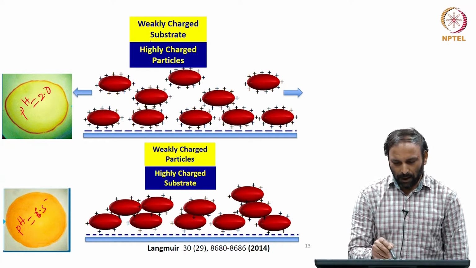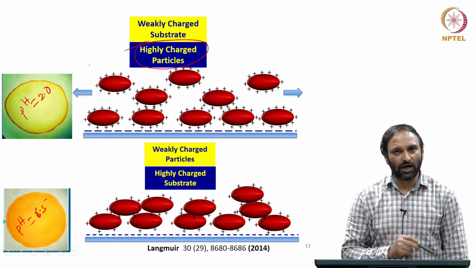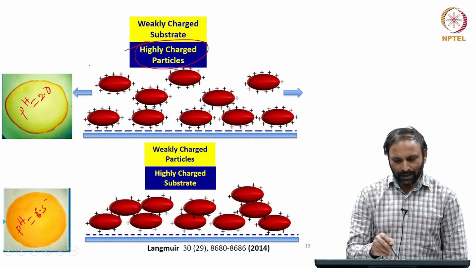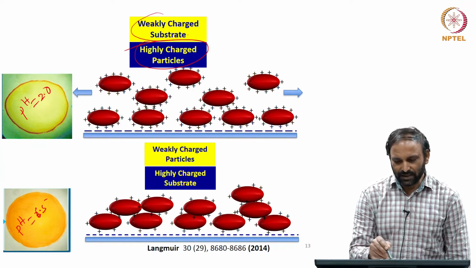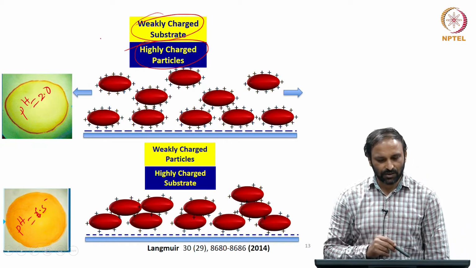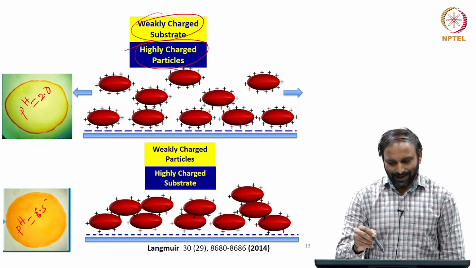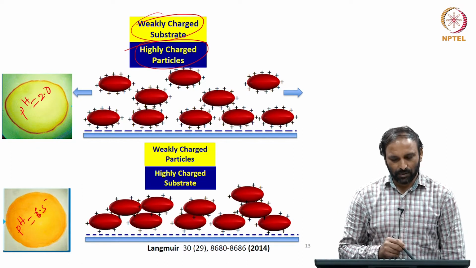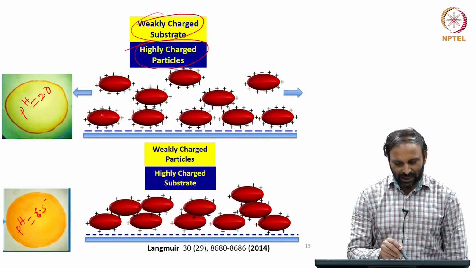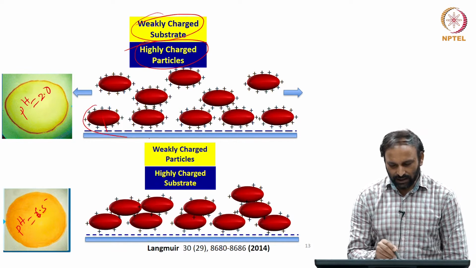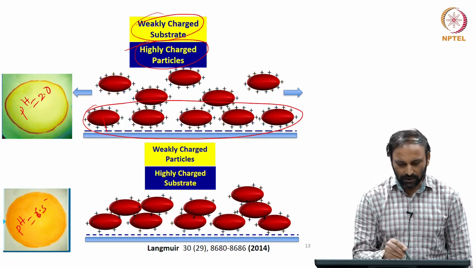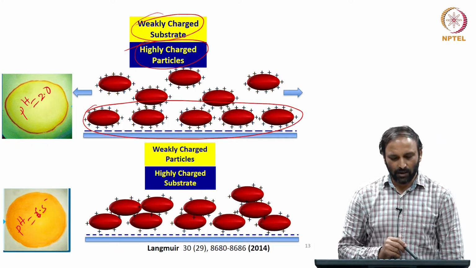In the case of pH 2, the particles are highly charged and the substrate is weakly charged. So, in such cases, because of the electrostatic attraction between the highly charged particles and the substrate, there is a deposition of a layer of particles on the substrate.